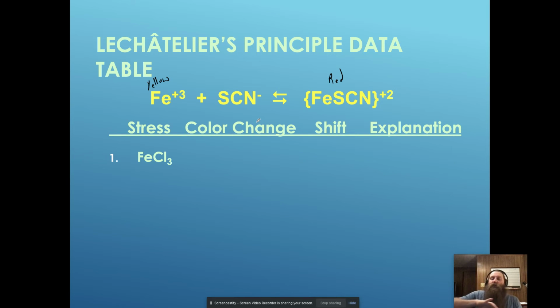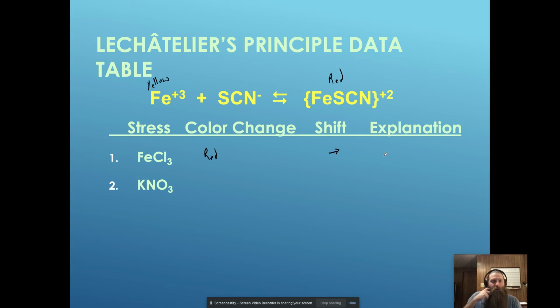Because the equilibrium needs to shift to get rid of these Fe3+ ions that we're adding. So we would think the color change would be more to the red, and we're going to the right. And our explanation is we need to get rid of the additional iron 3, right? We need to react it away to make more product.